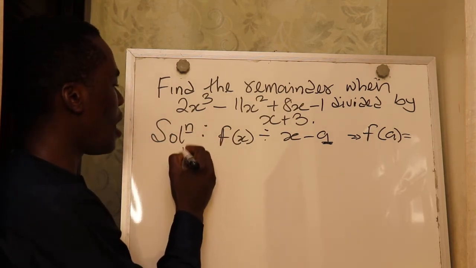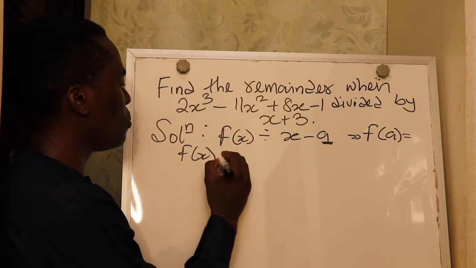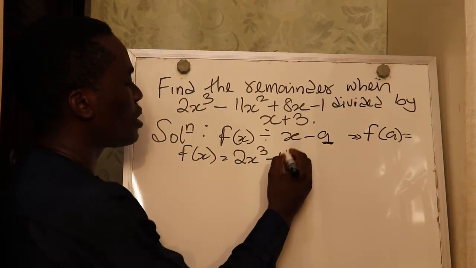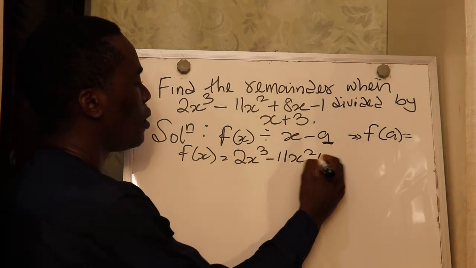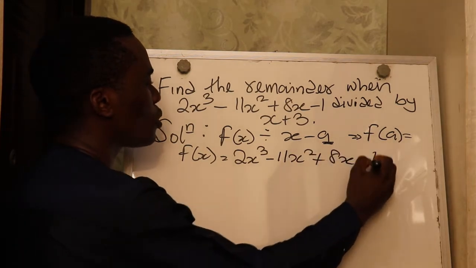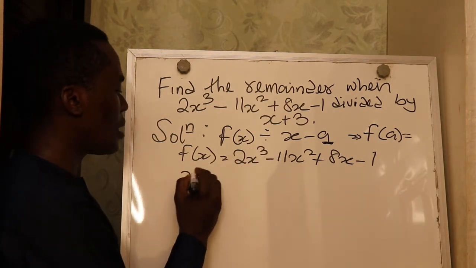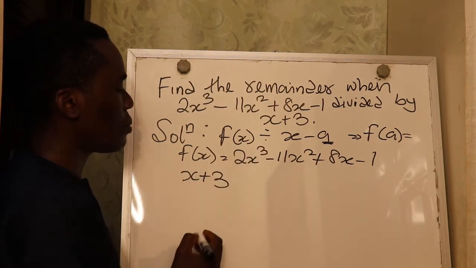Now we are given our f(x) to be equal to 2x^3 - 11x^2 + 8x - 1, and we are asked to divide it by x + 3.